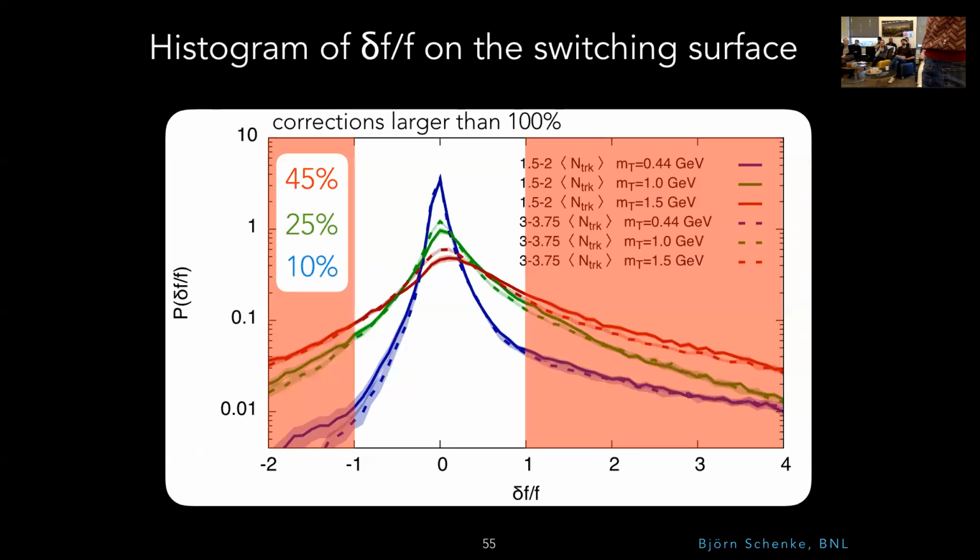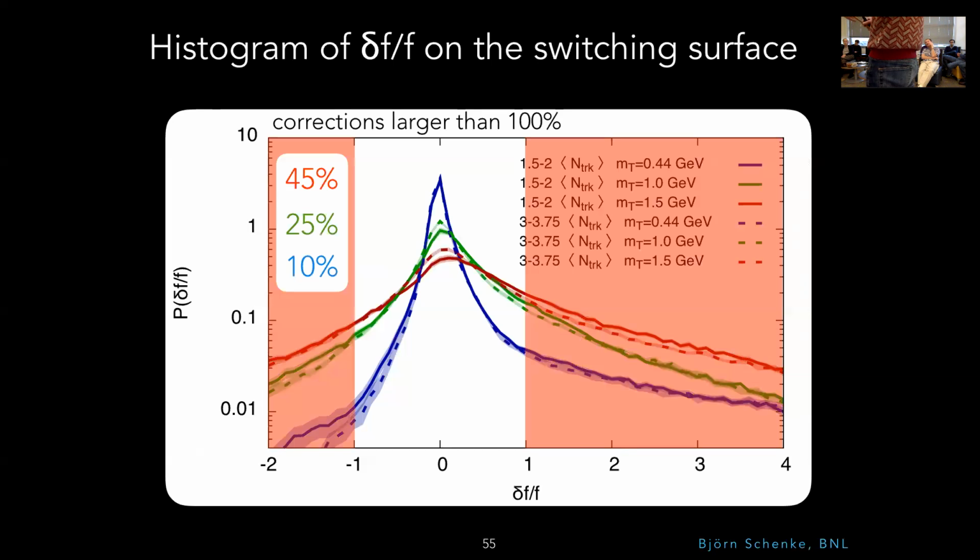So this is a probability distribution of delta F over F, so the viscous correction relative to the ideal or equilibrium distribution function on the freeze-out surface at different PT, essentially, or MT here. I think this is for pions. So you can take this as roughly PT.